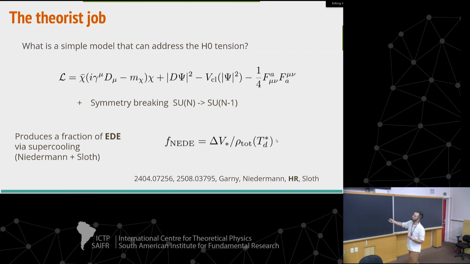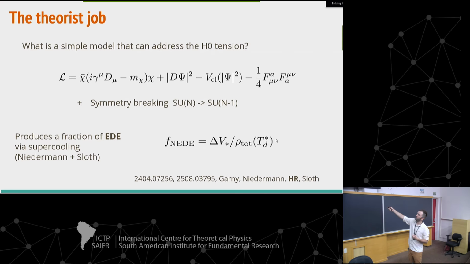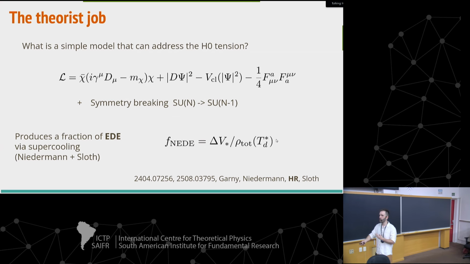What happens here is that you have a phase transition, and the scalar field basically reheats the plasma, generating dark radiation. So this has features of EDE, early dark energy, but it also has features of dark radiation, because you have a plasma and you inject enthalpy in the plasma such that you have extra dark radiation components.